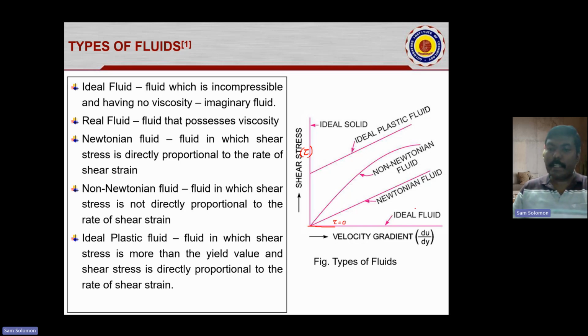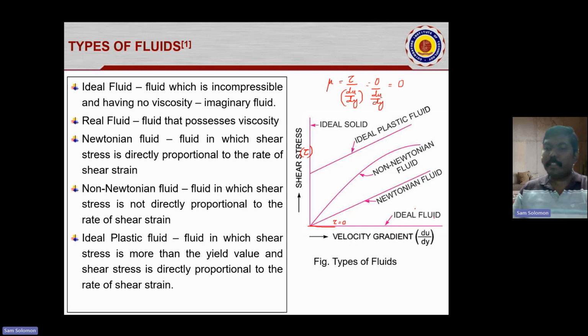An ideal fluid does not have shear stress at all. So what we know is mu is equal to tau divided by du by dy. So 0 by anything is going to be equal to 0. So if shear stress is 0, then viscosity is 0.